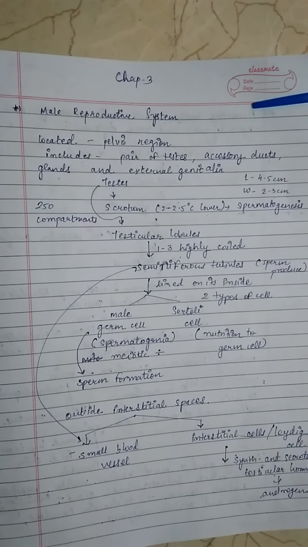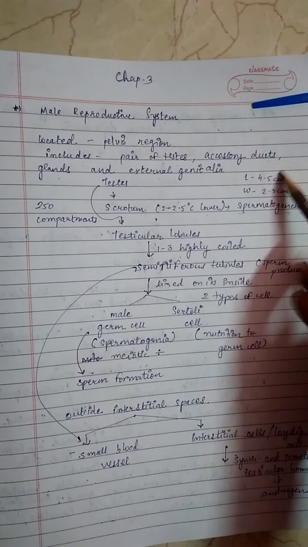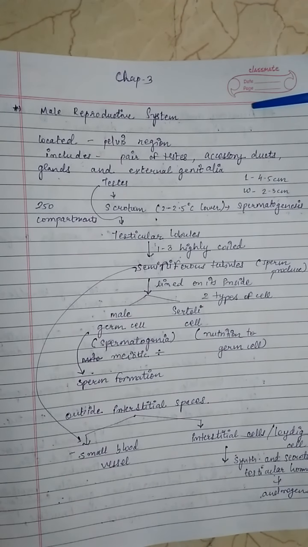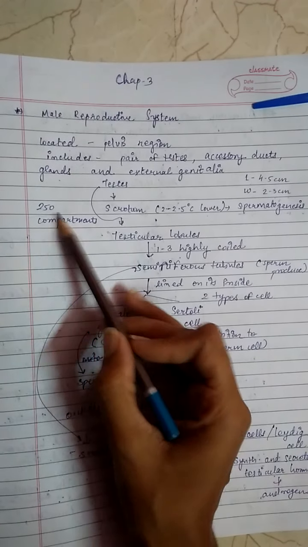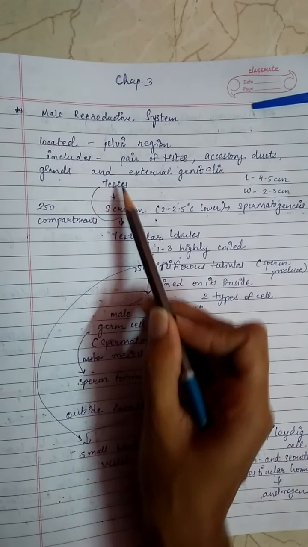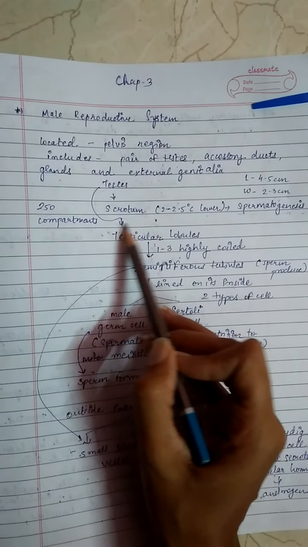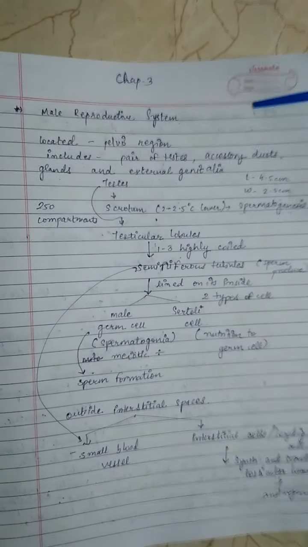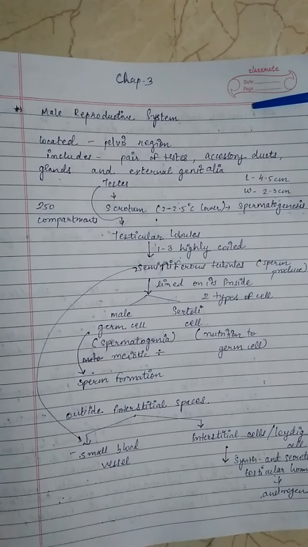In adults, each testis is oval in shape, with the length and width given. The testis is covered by a dense covering. Each testis has about 250 compartments, which are known as testicular lobules.